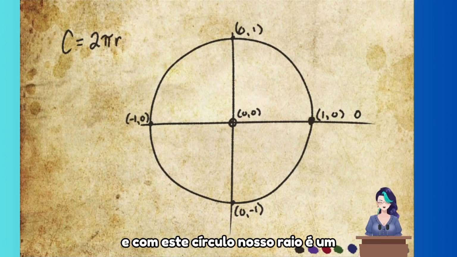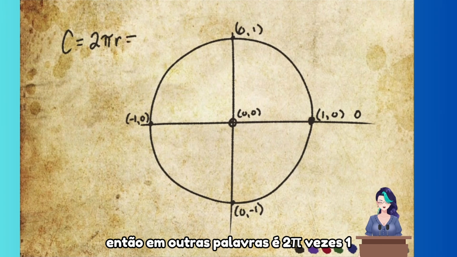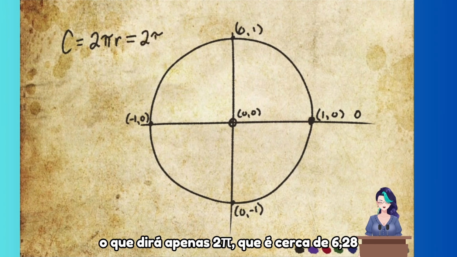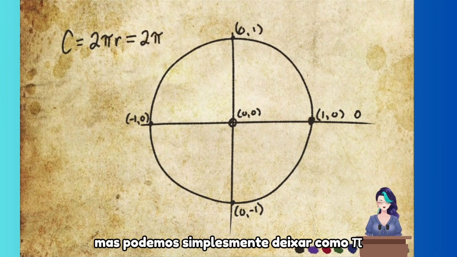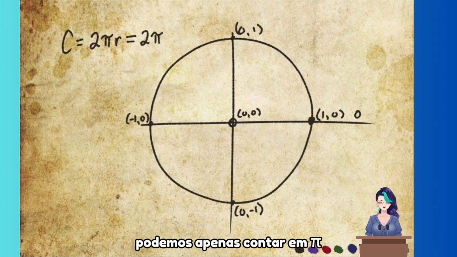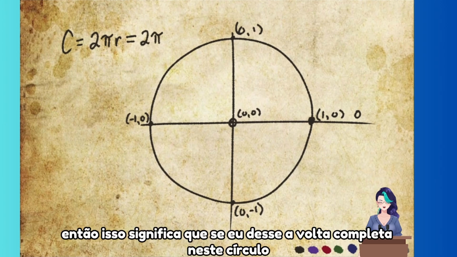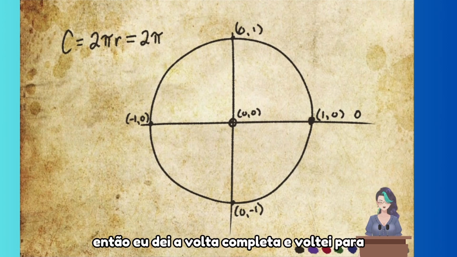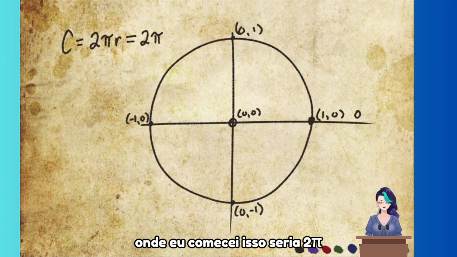And with this circle, our radius is 1. So in other words, it's 2 pi times 1, which we'll just say 2 pi, which is about 6.28, but we can just leave it as pi. We can just count in pi's. So that means if I went all the way around this circle and got back to where I started, that would be 2 pi.